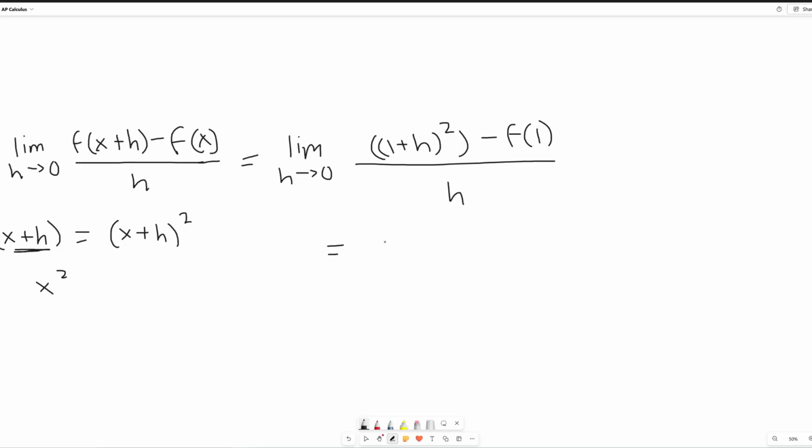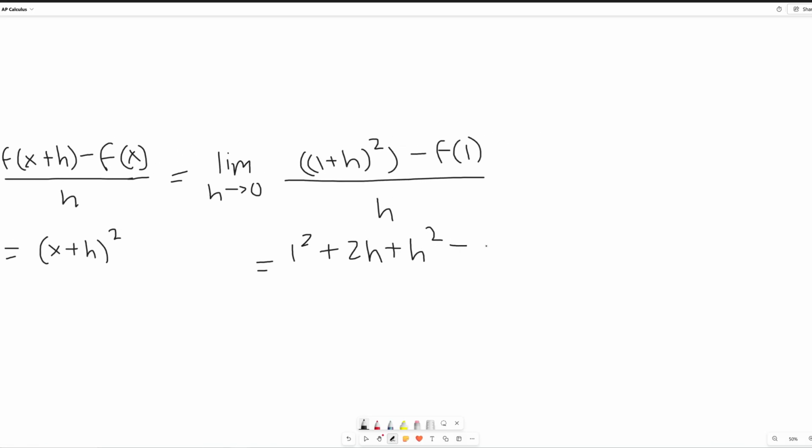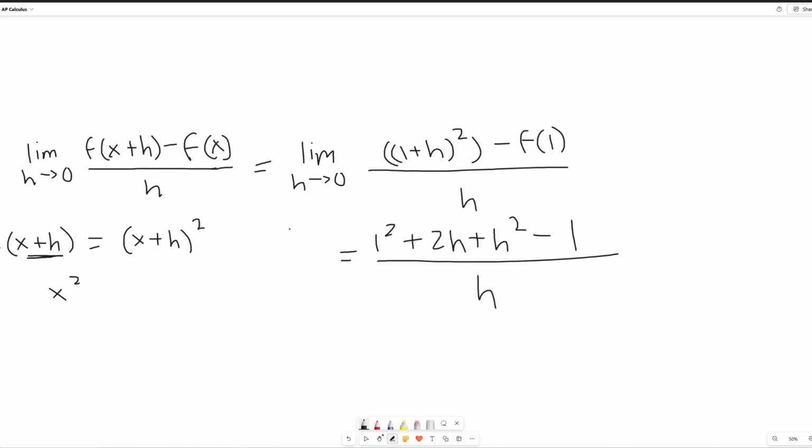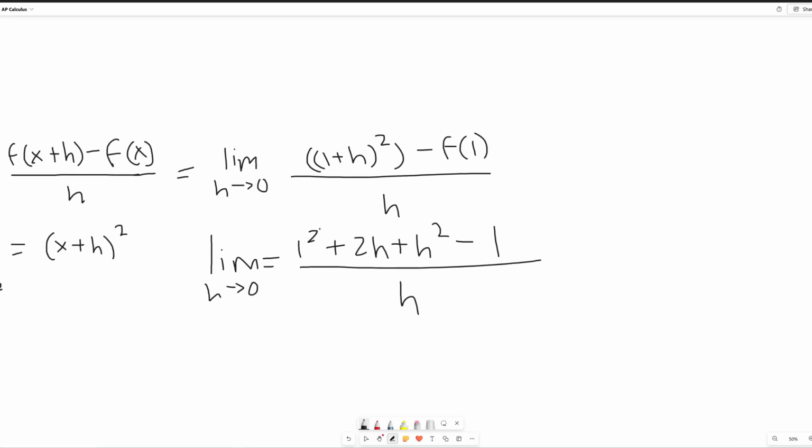Now we're going to have 1 squared plus 2h plus h squared. Alright. Minus f of 1, which we said is 1, over h. And the limit, remember, you can't forget this limit, is still approaching 0. So this one cross out. 1 minus 1 crosses out.